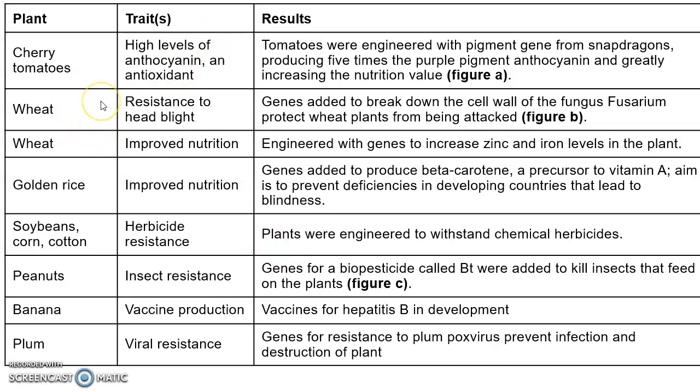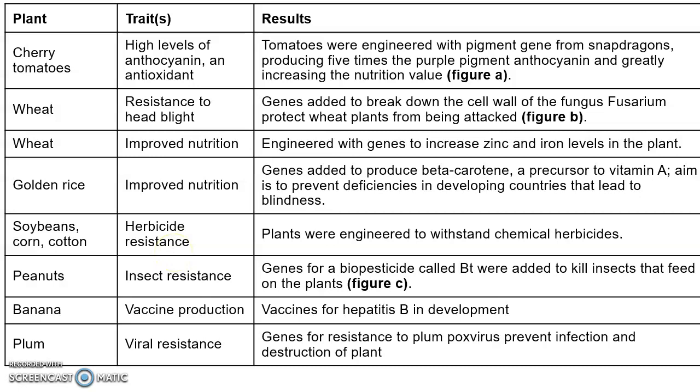Wheat has been genetically engineered to have resistance to head blight, which is caused by a fungus called Fusarium. A lot of plants are susceptible to Fusarium, and so that's made a big difference in wheat production. Also, wheat has been genetically engineered for improved nutrition. Same with golden rice. Soybeans, corn, and cotton have been genetically modified to be resistant to herbicide.